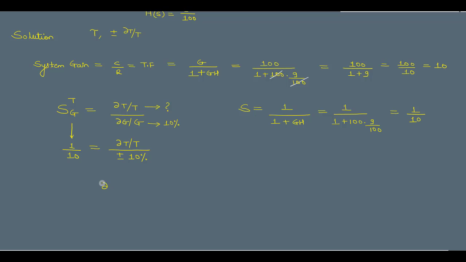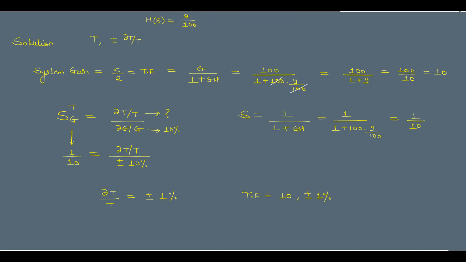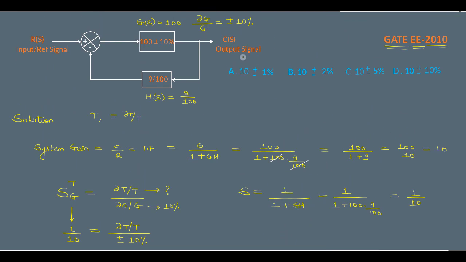So we can say dou T by T is nothing but plus minus 1%. So the value of transfer function or system gain is 10 and the change in transfer function due to variation in forward gain block is plus minus 1%. Let us check the correct option. The correct option is option A.